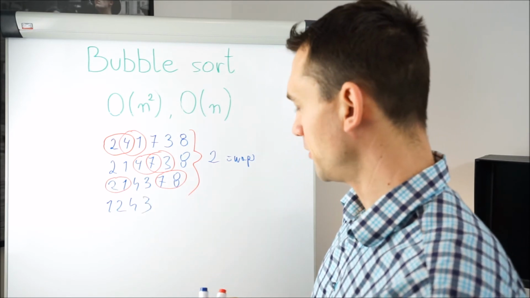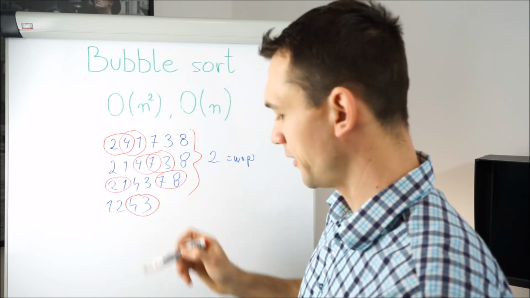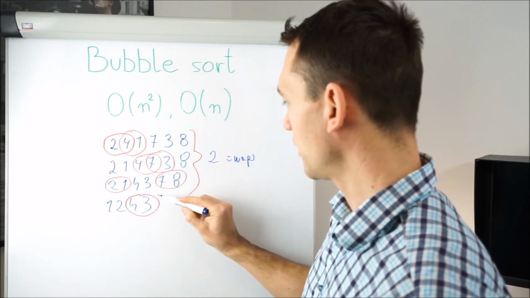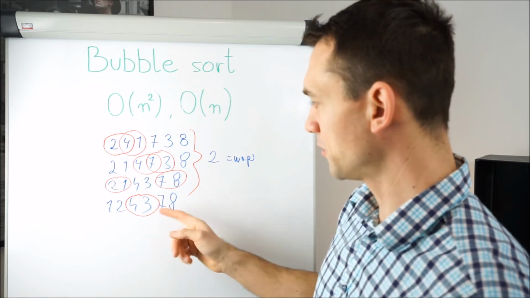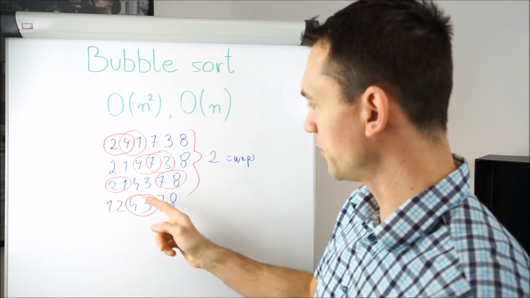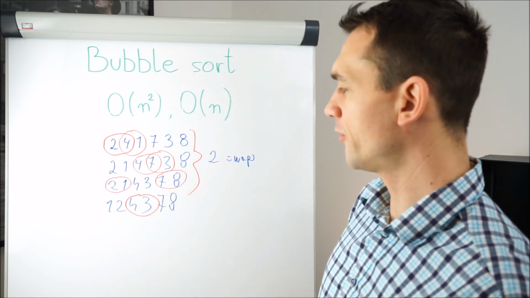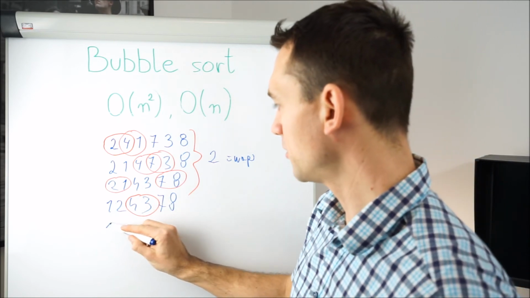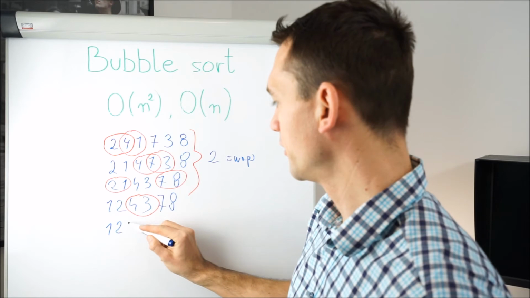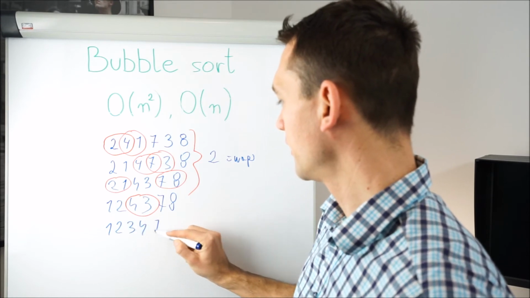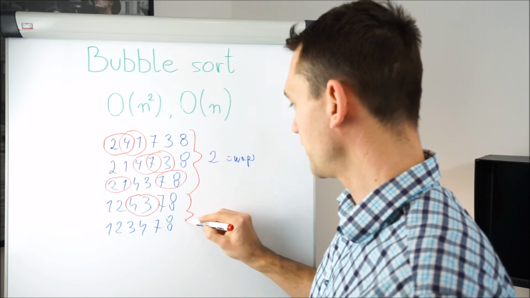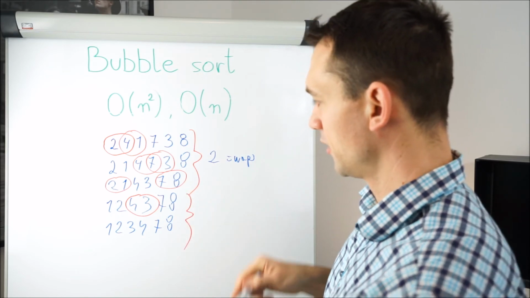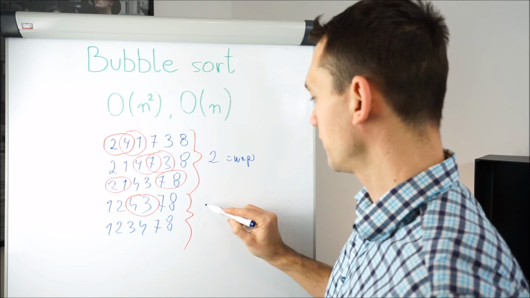We move our window here. Here we have 7 and 8. So we have 1 swap here for 2 and 1, and another swap here for 4 and 3. So we have 1, 2, 3, 4, 7, 8. So in the second iteration, we have 2 swaps also.